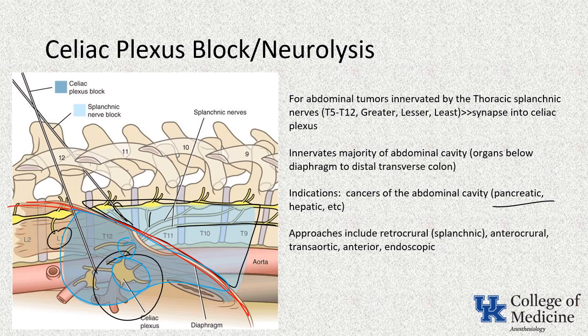We typically start these blocks on the left side. In the case that we accidentally get into a vessel, we then convert this anterior crural approach into a transaortic approach, which means that if the aorta is here, and we get a needle in, we start aspirating blood, we push our needle all the way to the point where we no longer aspirate blood, meaning that we're on the anterior ventral side of the aorta.